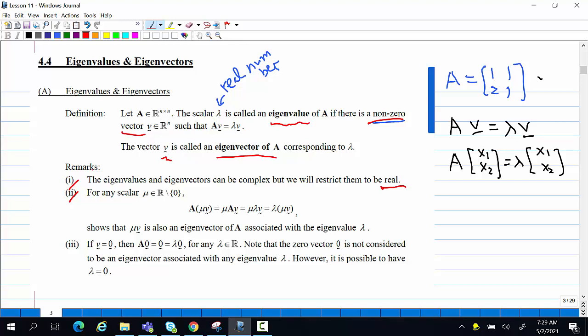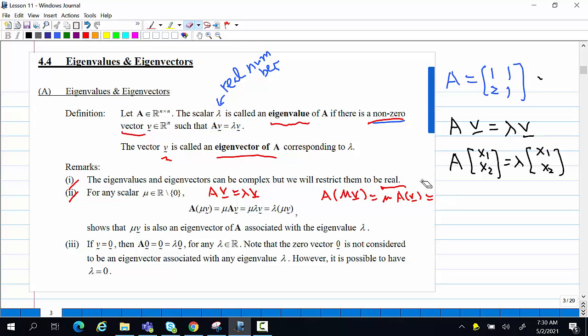So for example, suppose you have A times V equal to lambda times V. So V is an eigenvector now. How about A times mu V? A times mu V is a multiple of V now. You can take out mu here, A times V. A times V we know is lambda V. So this is actually mu lambda V now.